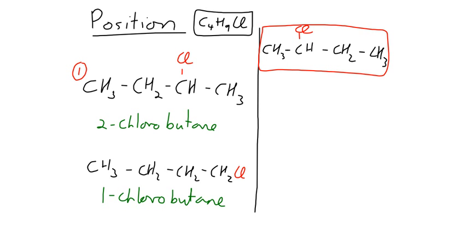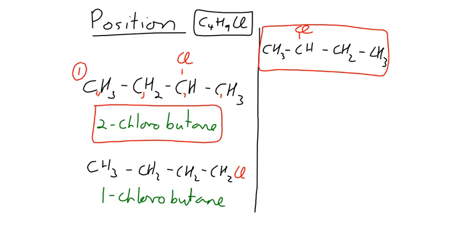then 2-chlorobutane. Remember, naming, as I said, we first name our longest parent chain, 1, 2, 3, 4 carbons in there, butane. There's a chlorine group. And we number our carbon chain so that the chlorine has the lowest number, so it's 2-chlorobutane.